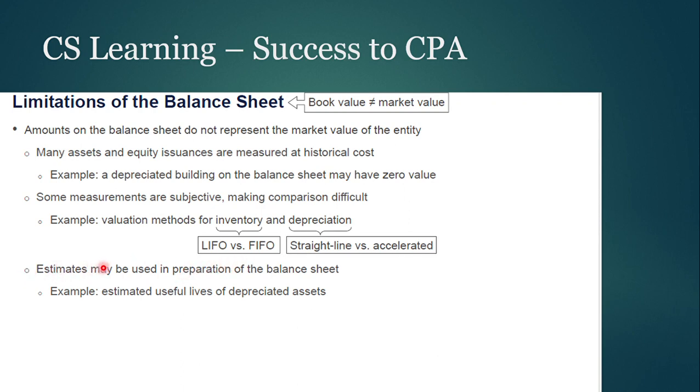The last point is that estimates may be used in the preparation of the balance sheet. We always use estimates for our balance sheet. For example, we use a 5 year or 10 year depreciation method, which generally is not applicable to fair market value. We just use it for our book value.